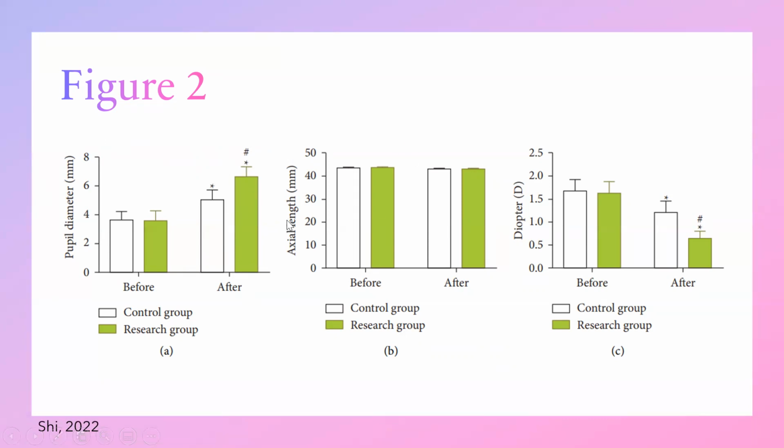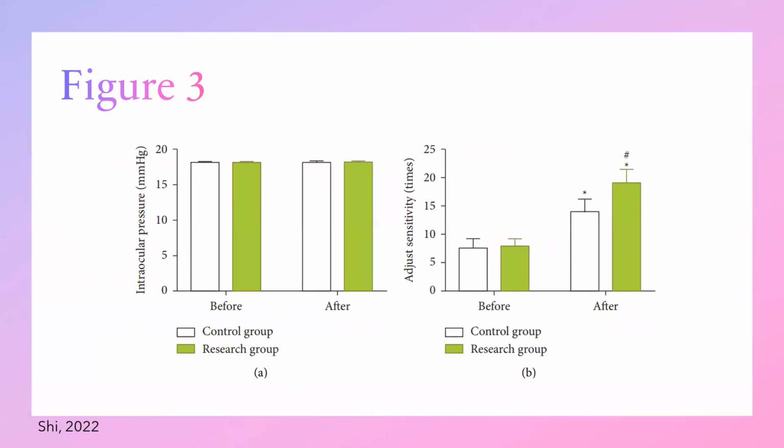The graph B shows the axial length measurement from before and after, but both before and after have no significant changes with the treatment. In graph C, we see the diopter measurement, which shows some significant changes. The diopter was significantly reduced after the experiment. There is more change in the research group, again, research is the green group, than the control group.